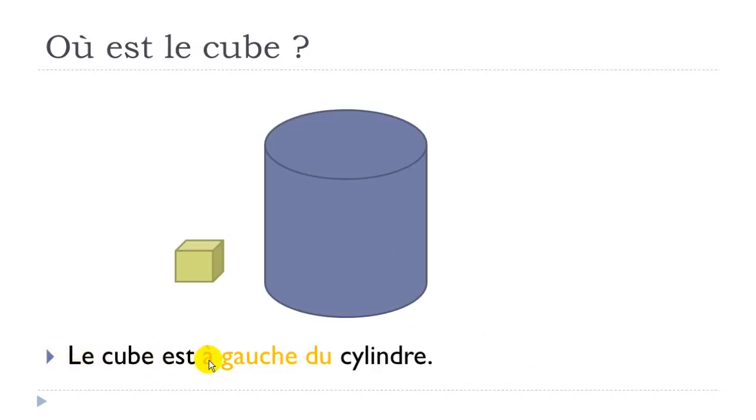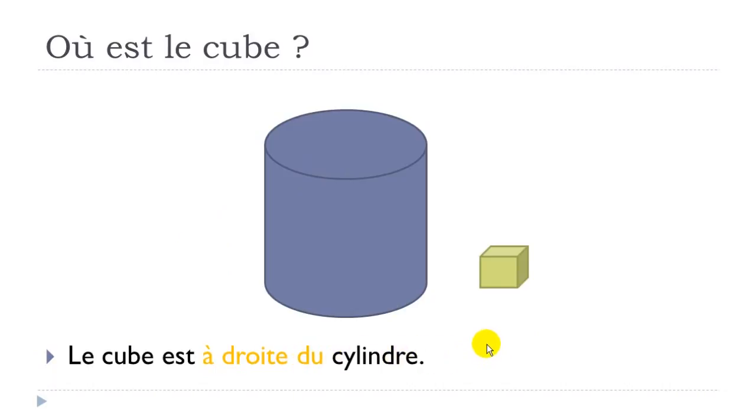Le cube est à gauche du cylindre. Gauche, left, on the left of le cylindre. Le cube est à gauche du cylindre. Then the next one. Droite, obviously it's right, on the right.